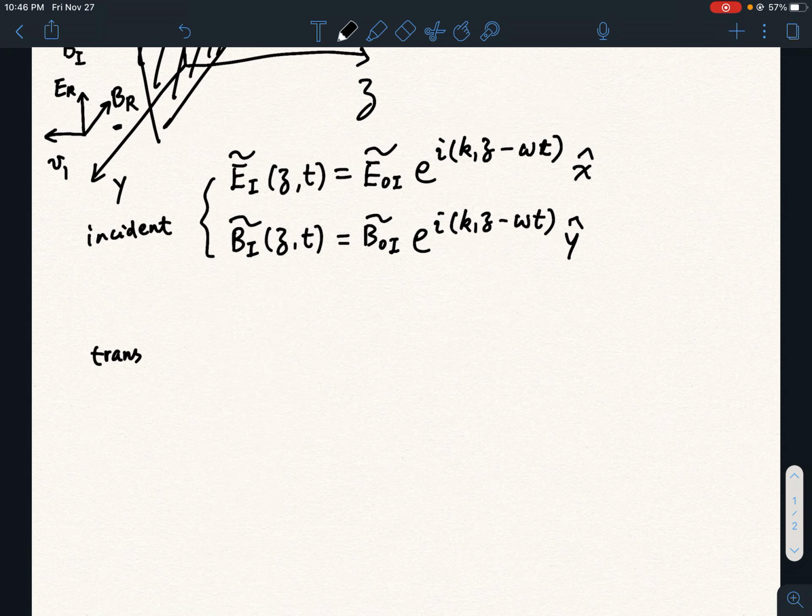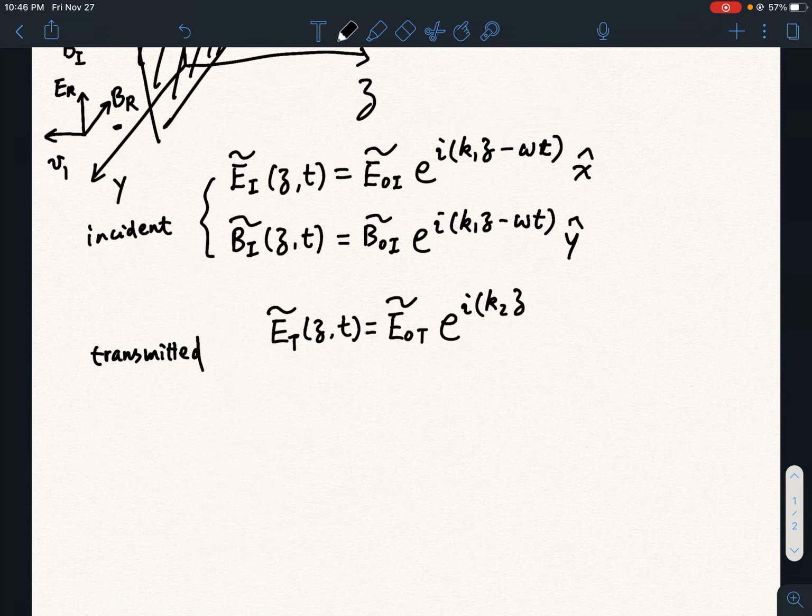Now we consider the transmitted wave. This is E0T, the amplitude, and here the wave number is different: it is k2 now, with k2 z minus omega t, in the x-hat direction. As I said, the phase could be different, but that phase is included here, which makes the amplitude a complex number.